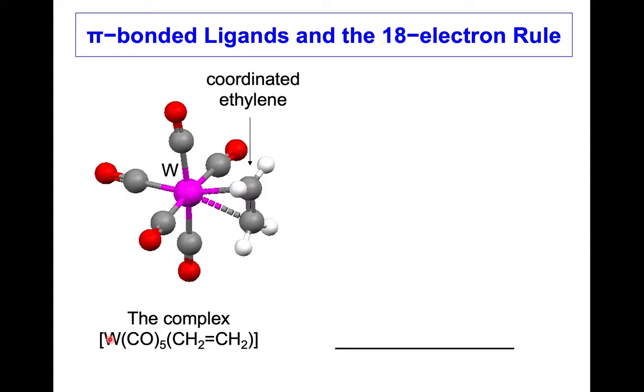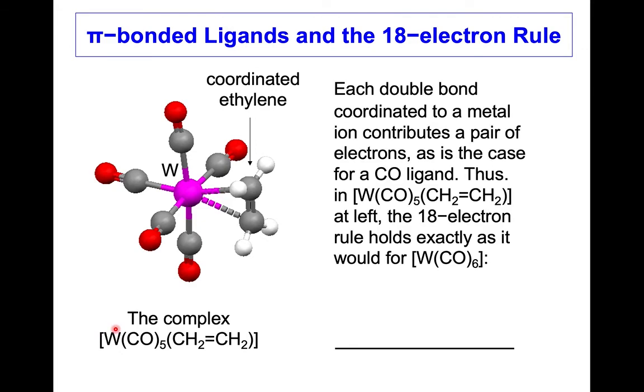We have tungsten, and we haven't figured out the charge yet, but the COs are all neutral. Ethylene itself is also a neutral molecule, so 5 times 0, so no charge from any of the ligands. The whole complex is neutral, so this is tungsten 0. Tungsten is in the 6th column, so tungsten 0 is d6.